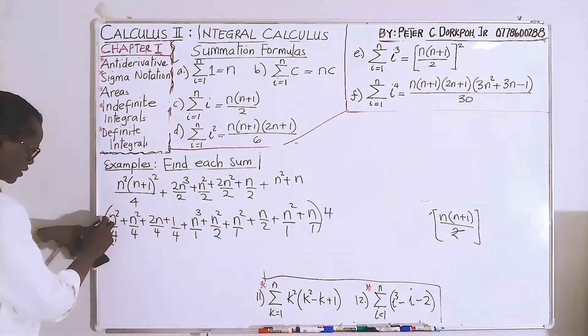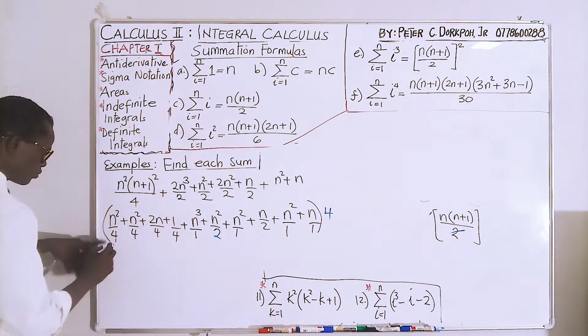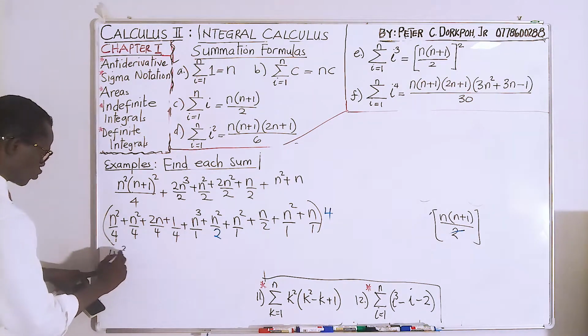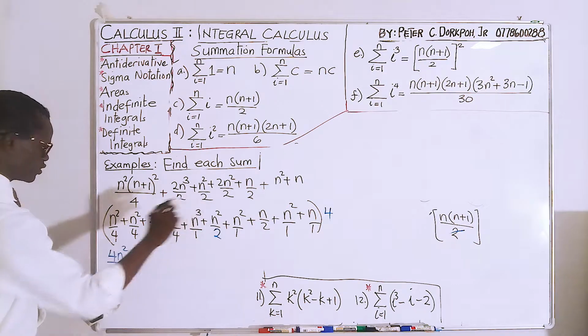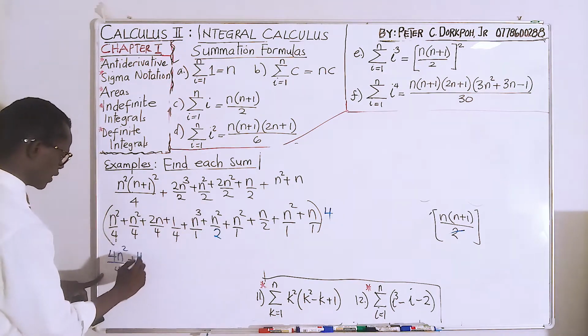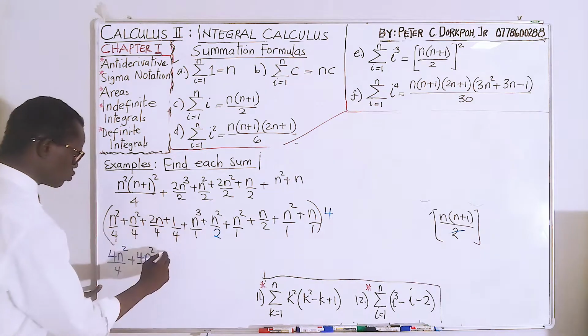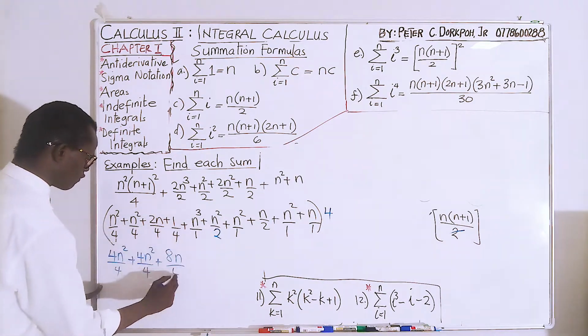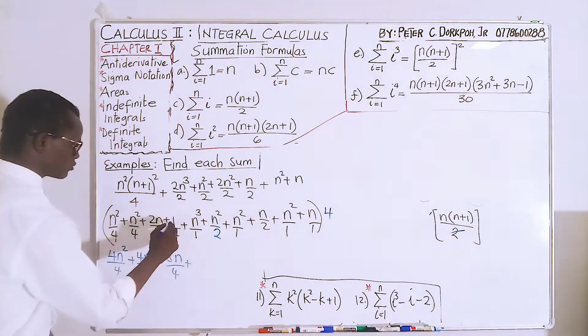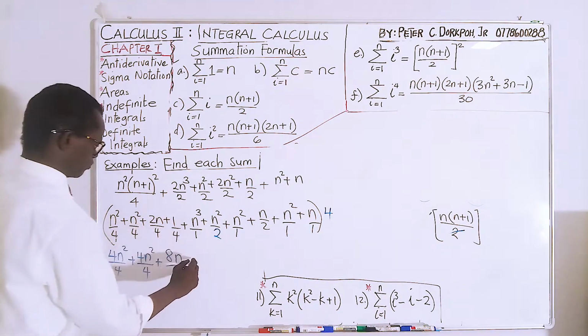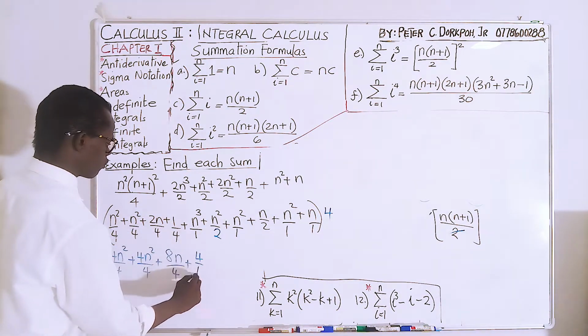So 4 times n squared is 4n squared over 4. 4 times n squared again, 4n squared over 4. 4 times 2n is 8n over 4. 4 times 1 is now 4 over 4.